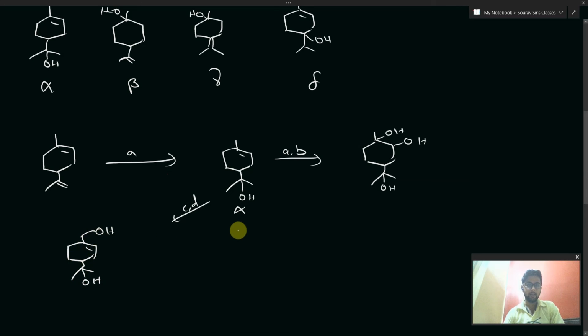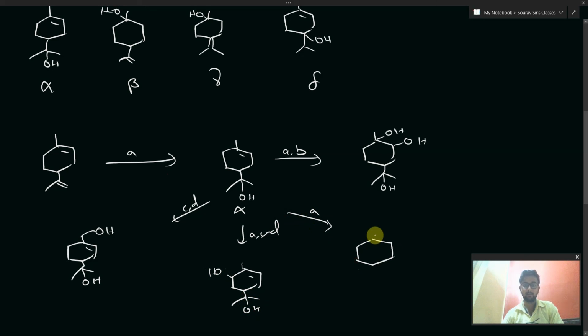And if we provide this with A, C and D, we will get a product like OH, OH. And if we lastly provide just A again, here we will have OH, and the reaction would be O.